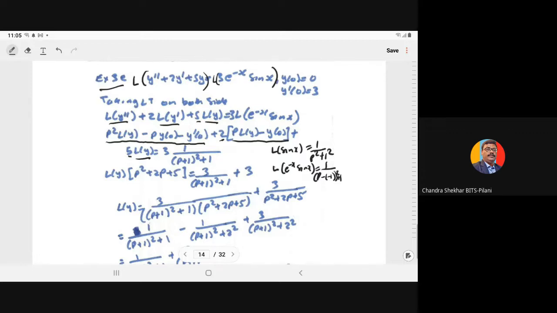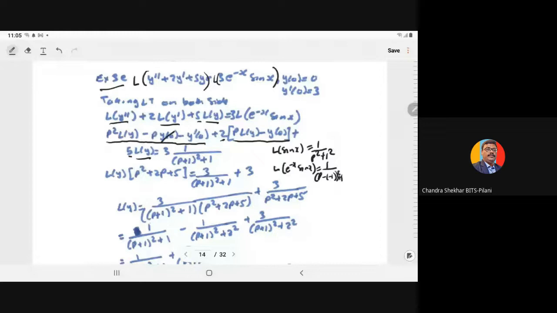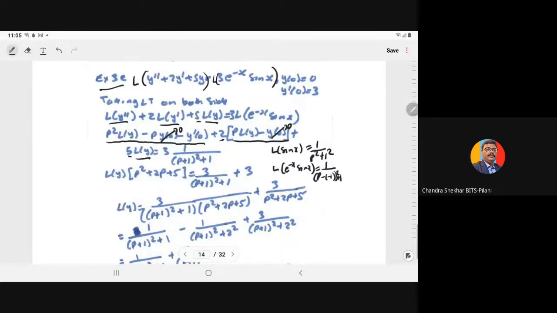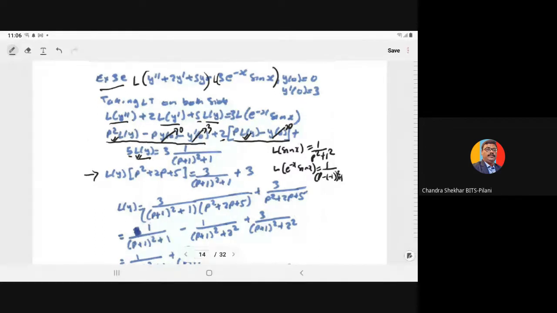It is given that y0 is equal to 0 and y dash 0 is equal to 3. So from here, take L of y common. L of y into p square plus 2p plus 5 is equal to 3 upon p plus 1 whole square plus 1, plus 3.